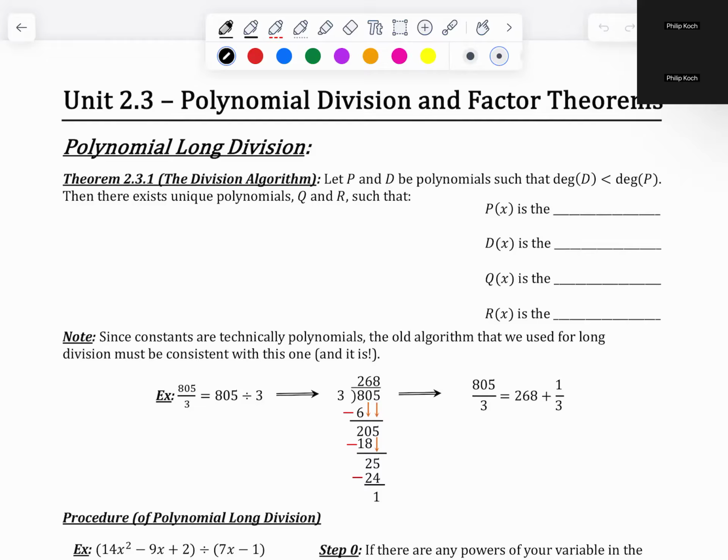Polynomial long division, in particular the division algorithm, helps us get a lot of important theorems.